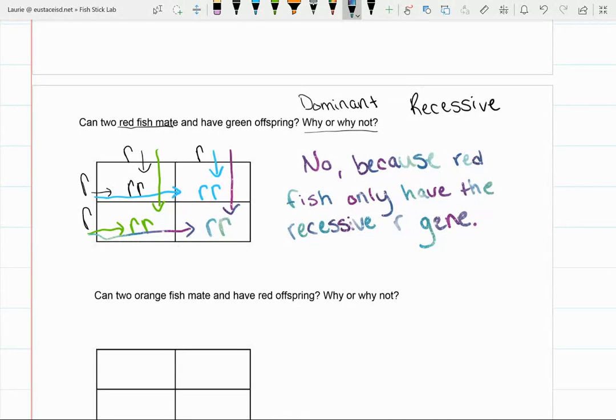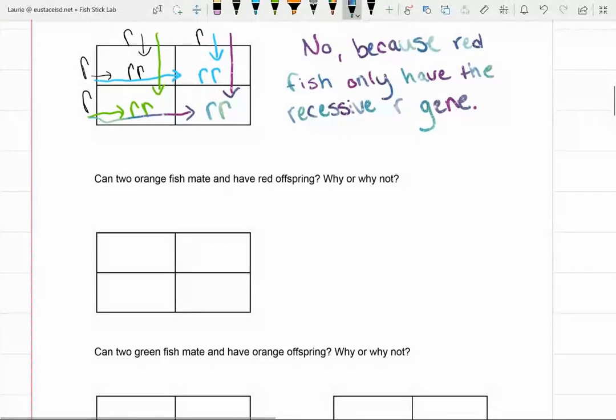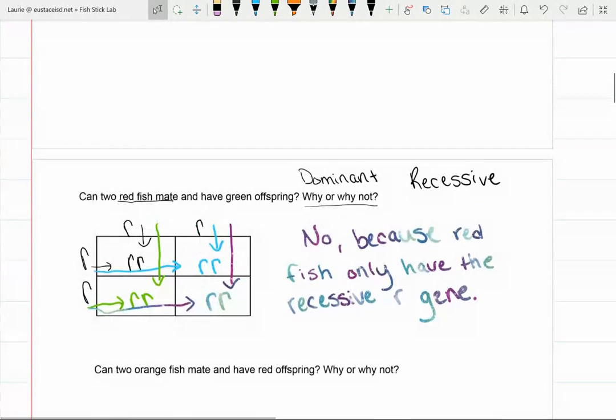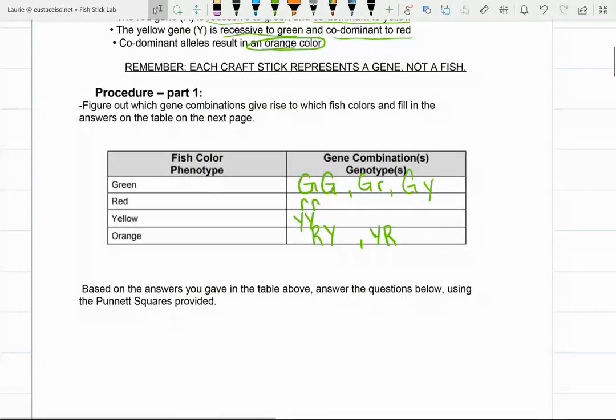Okay, so I've helped you answer that one. Now, when you're working on the rest of them, some of them have more than one choice for parents. So you can use different choices.